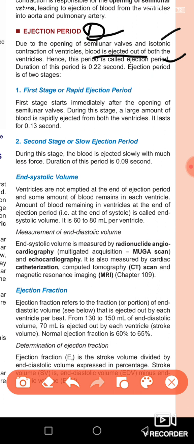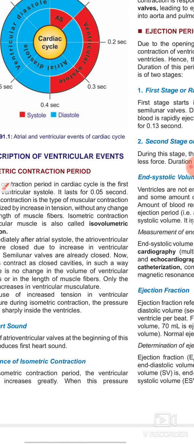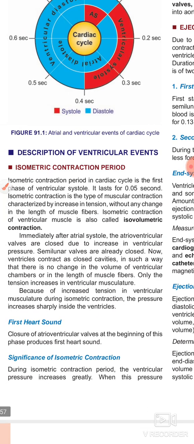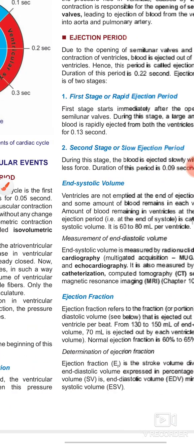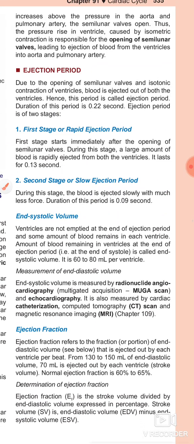This is the definition of the ejection period. Its duration is 0.22 seconds, while the duration of the isometric contraction is 0.05 seconds. Now there are stages in the ejection period: the first stage and the second stage.